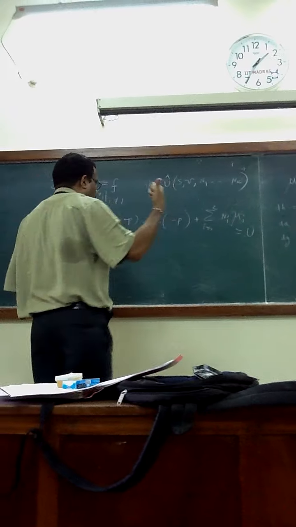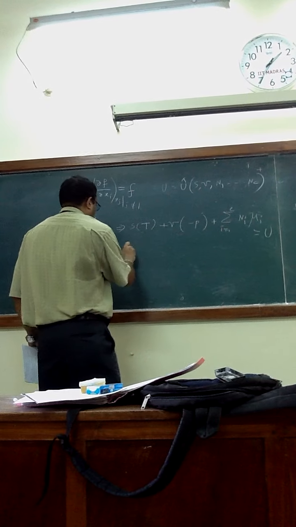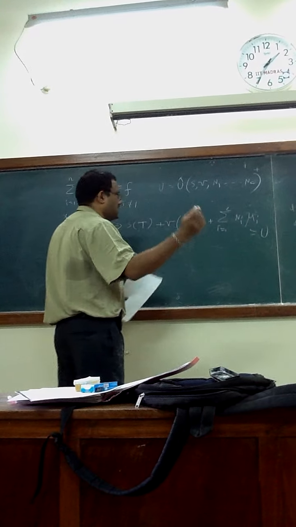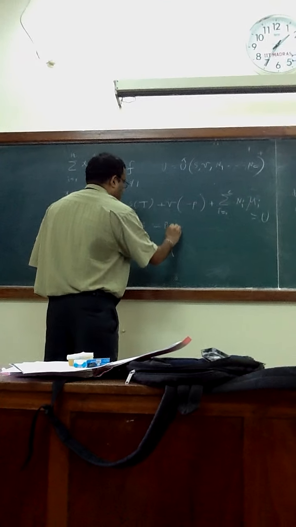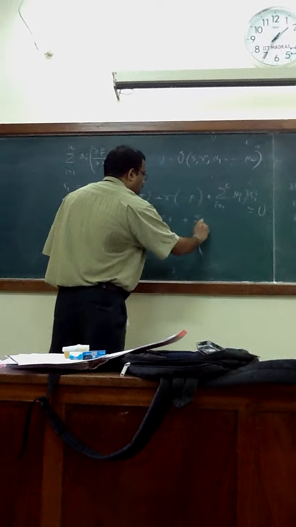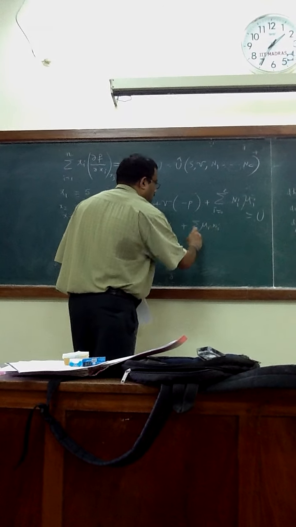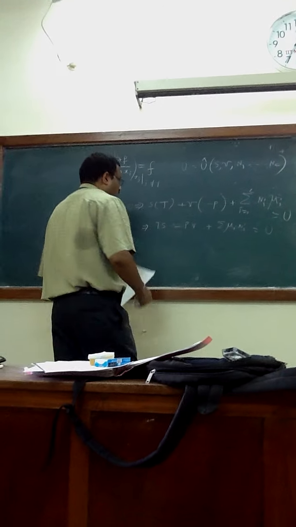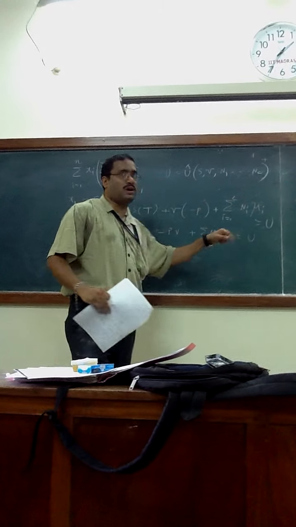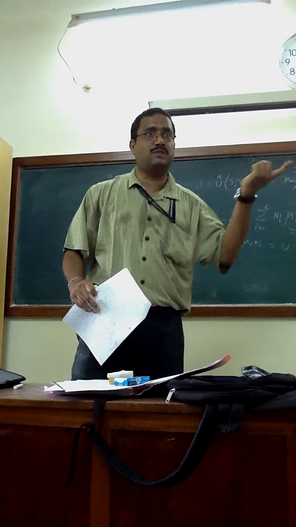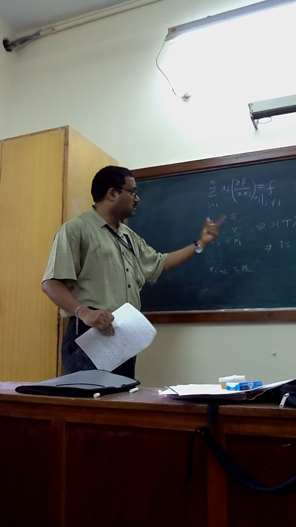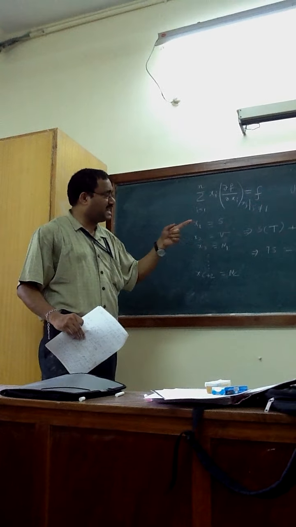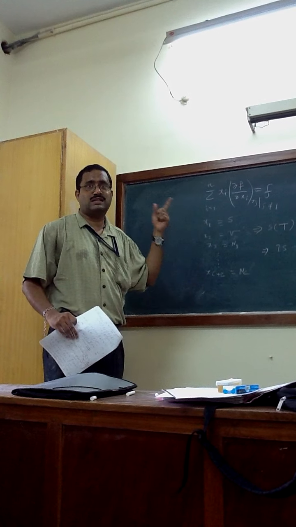If you look at this, what I was talking about, mu i equals to mu s, just now I have proved TS minus PV plus mu i Ni equals to U, and U minus TS plus PV equals to summation mu i Ni. If you divide by n, you will get summation mu i xi equals to U minus TS minus PV, and just now I have proved.